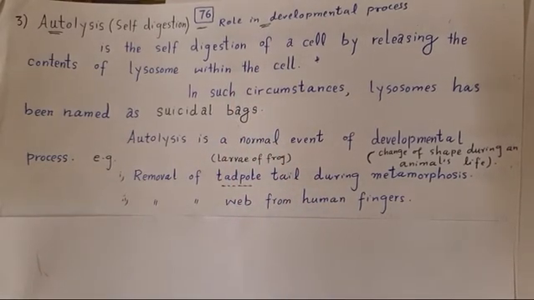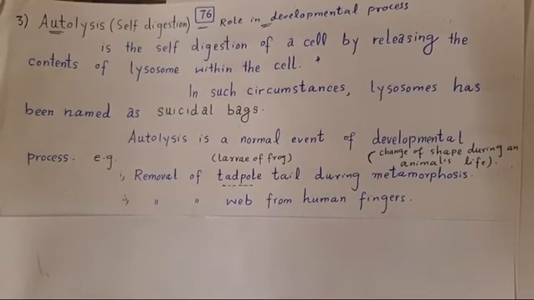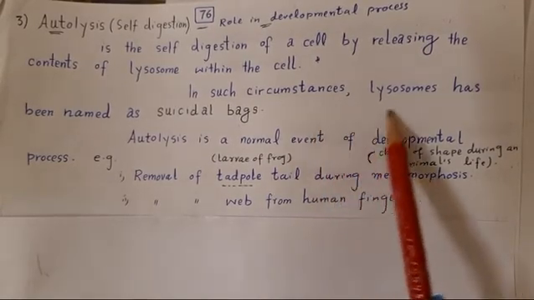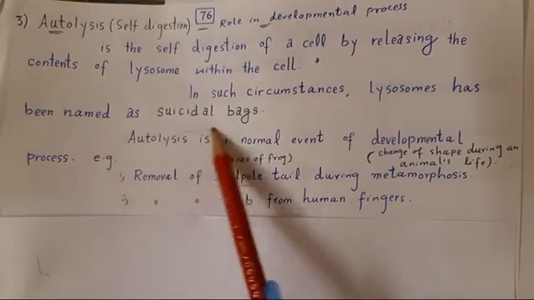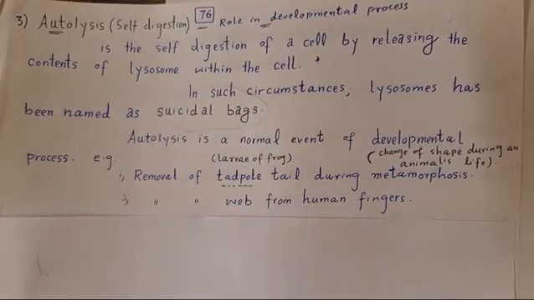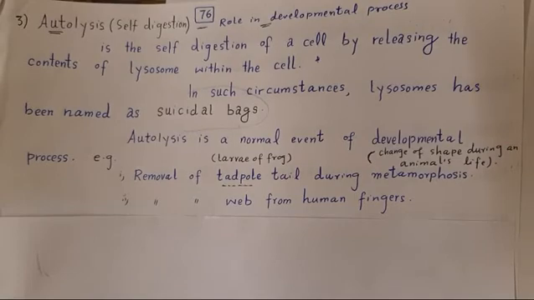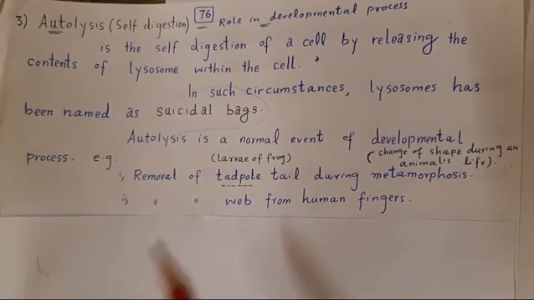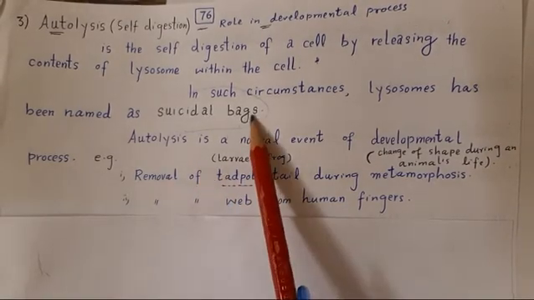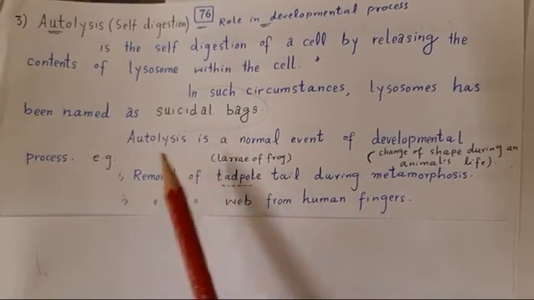In such circumstances, lysosomes have been named as suicidal bags, and the name of lysosome comes from here. Lyso means splitting and soma means body. So lysosomes act as suicidal bags.